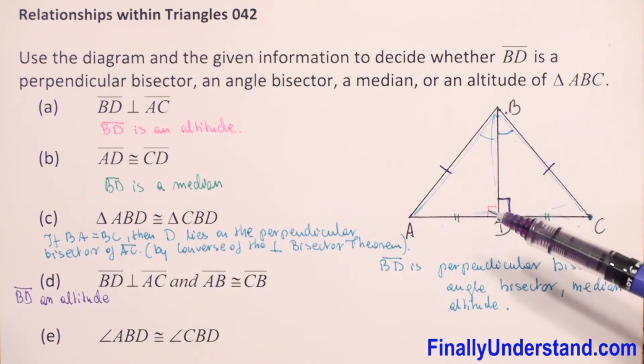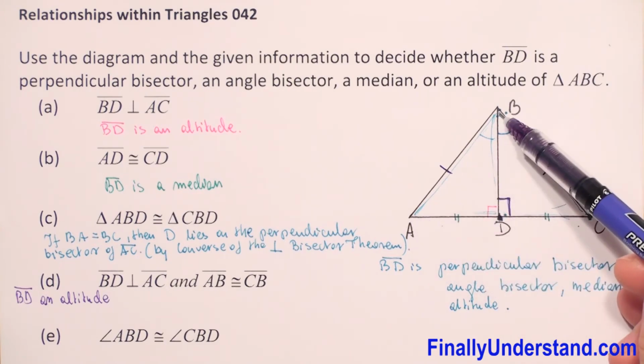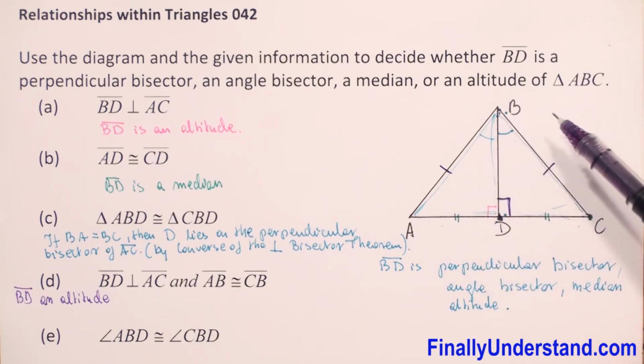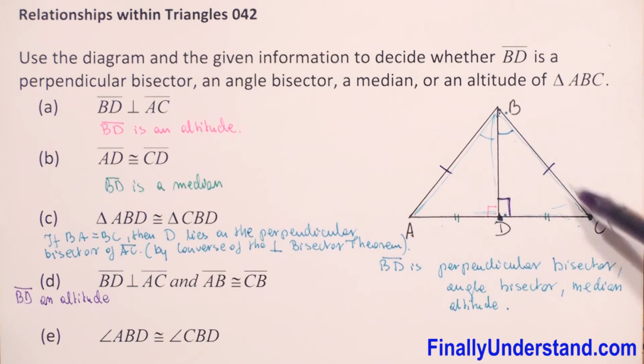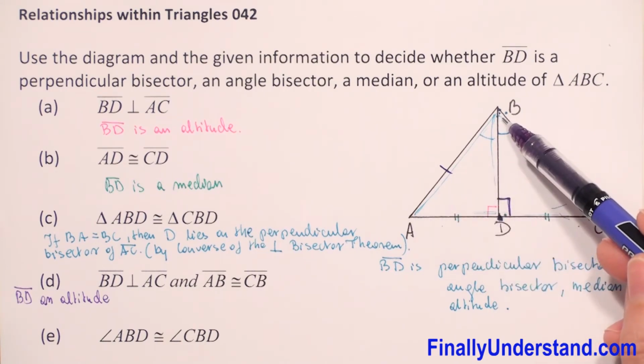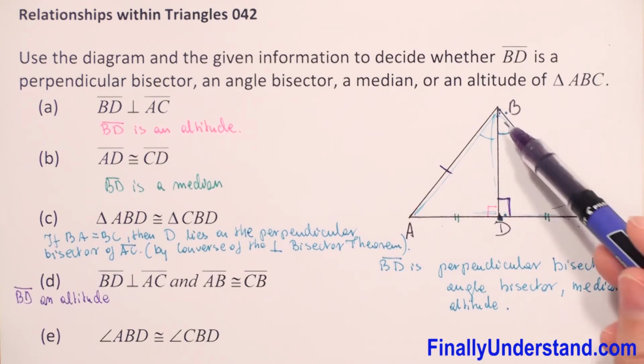Because AB is congruent to CB, it means that AB is equal to CB.